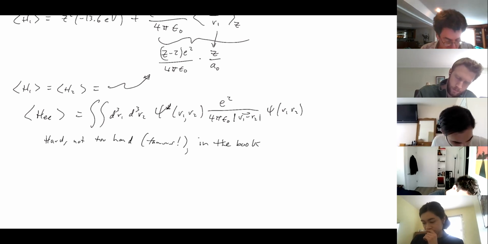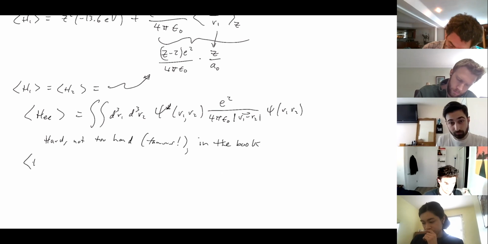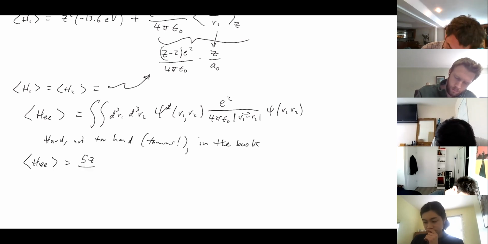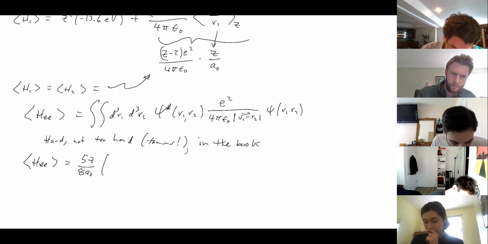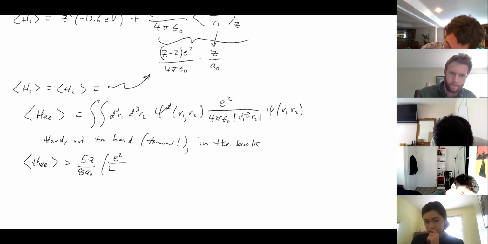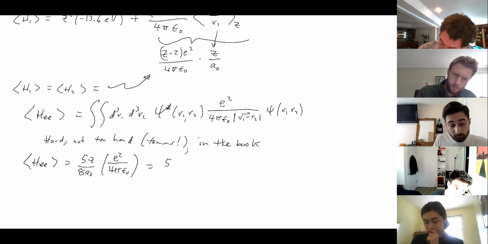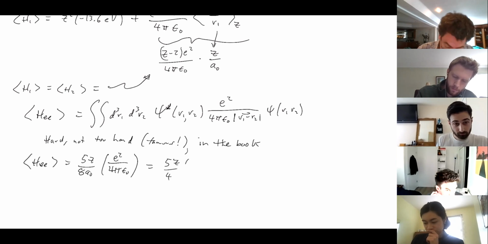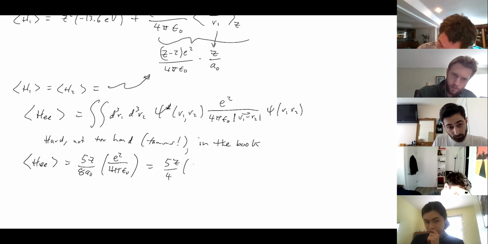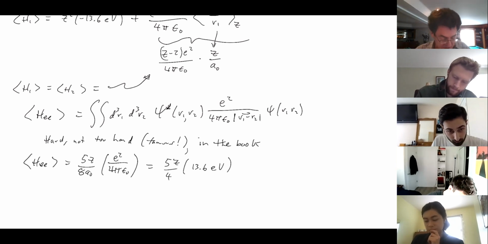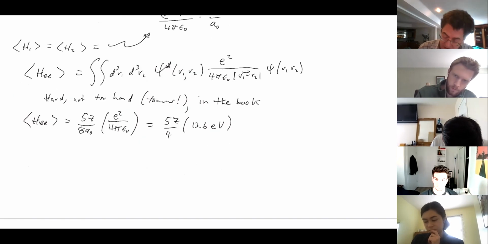What you'll find is that this integral is equal to 5z over 8 a naught times e squared over 4 pi epsilon naught, which is equal to 5z over 4 times 13.6 eV. Because you'll notice that that's just the hydrogen ground state energy buried in that formula. Okay, so that's what you find when you do that integral.